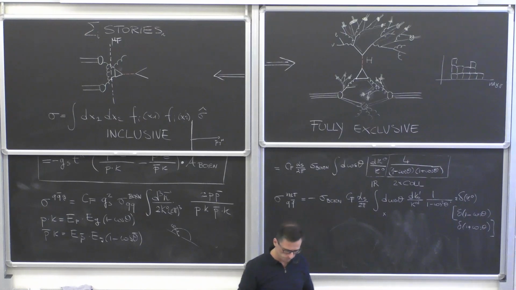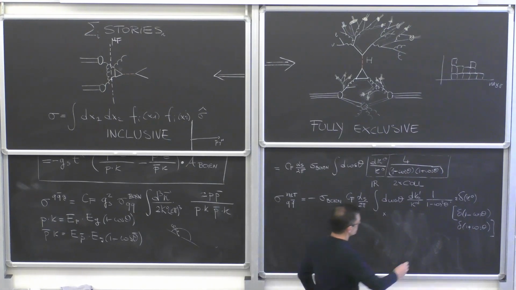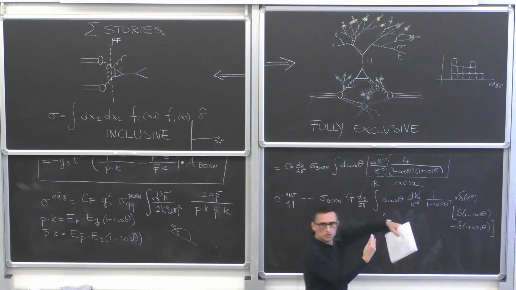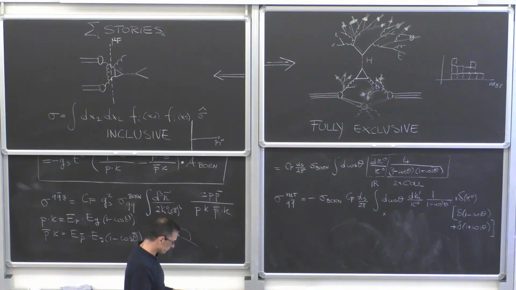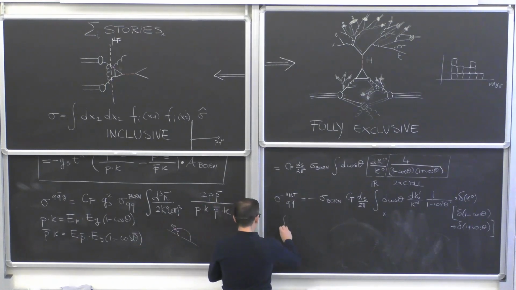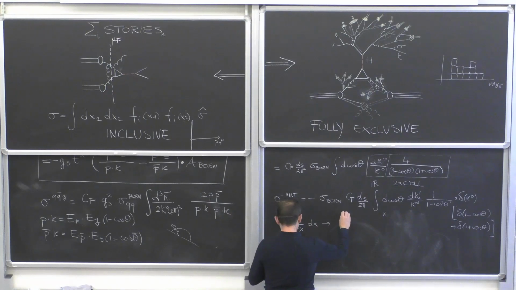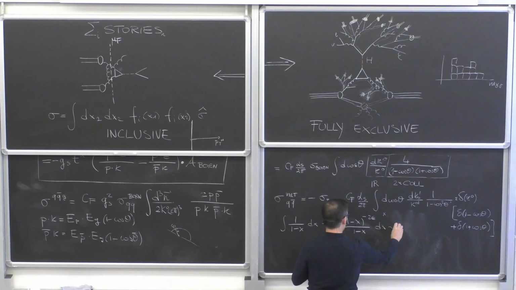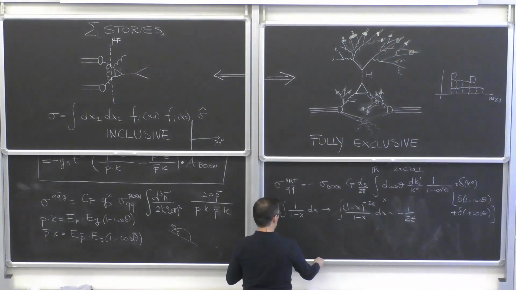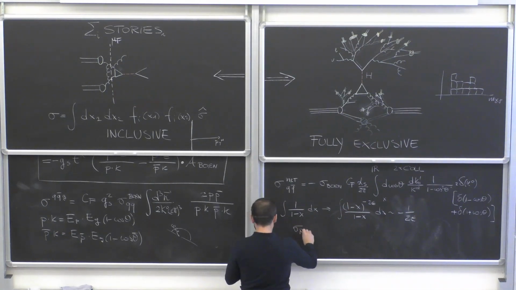Yes. Sorry, it's summed because they are in two different places. So basically what we do is we replace in d dimensions, and this gives minus 1 over 2 epsilon. So let me write the result to be clear, and then I come to your question.